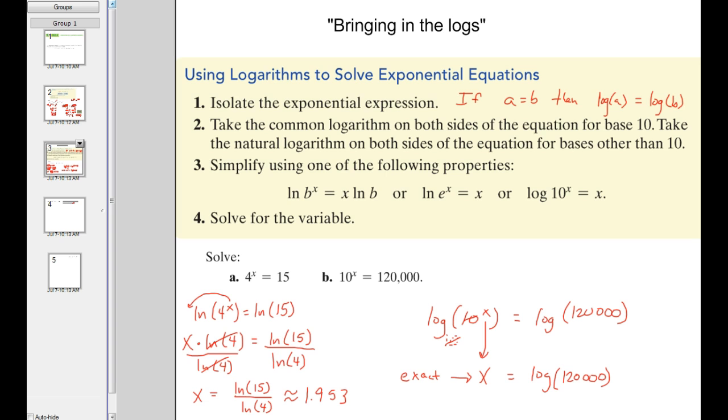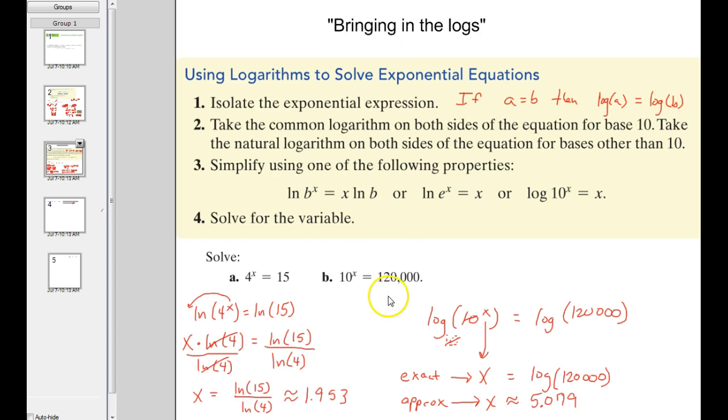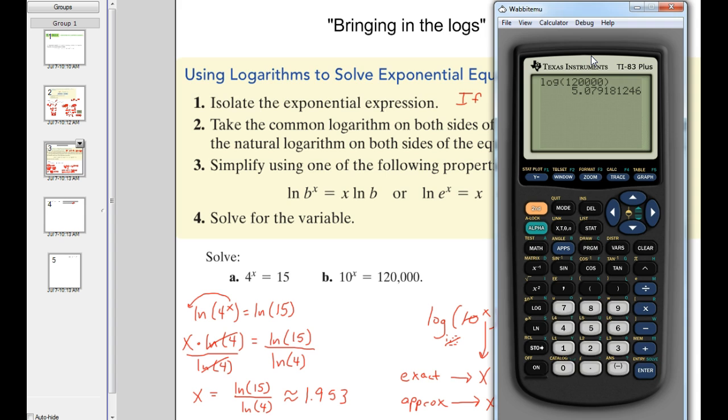But a lot of times we'll be asked to approximate that. And to do that, we just type it into our calculator and round it to wherever they tell us to round. Alright, now check again. It's easy to check these things. You just have to understand that when you type in an approximation, 5.079, you're going to get close to 120,000.